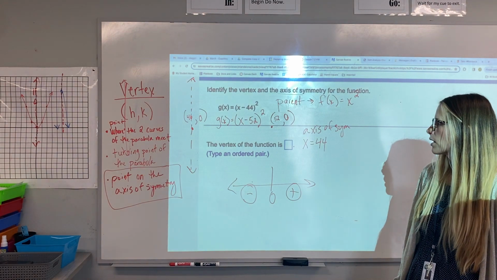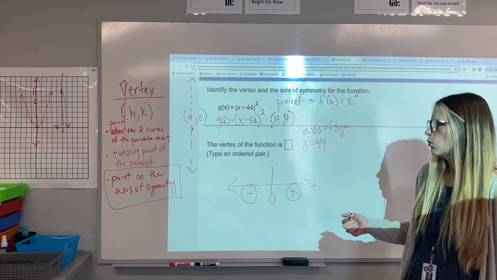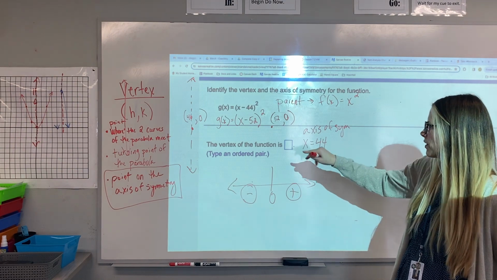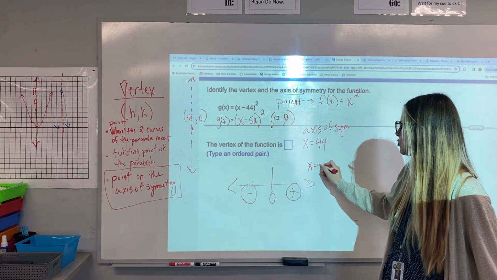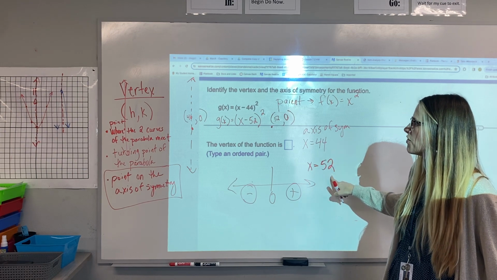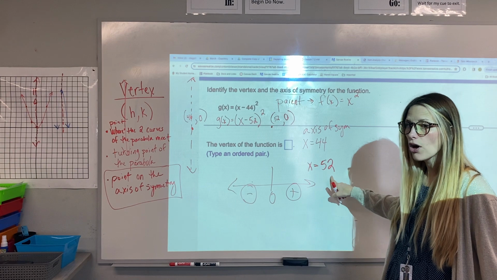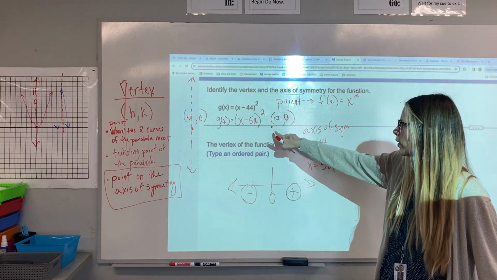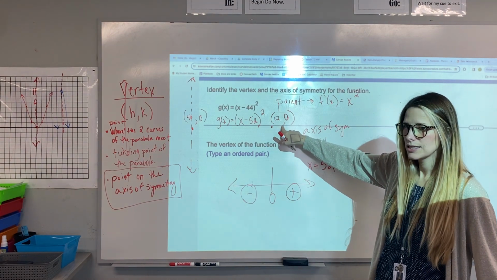Okay. Just like I said, we can prove that your axis of symmetry is x equals 52 because the vertex falls on the point 52, 0.